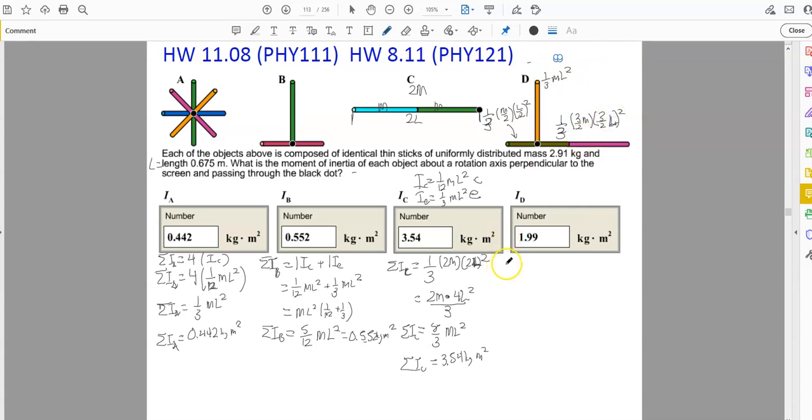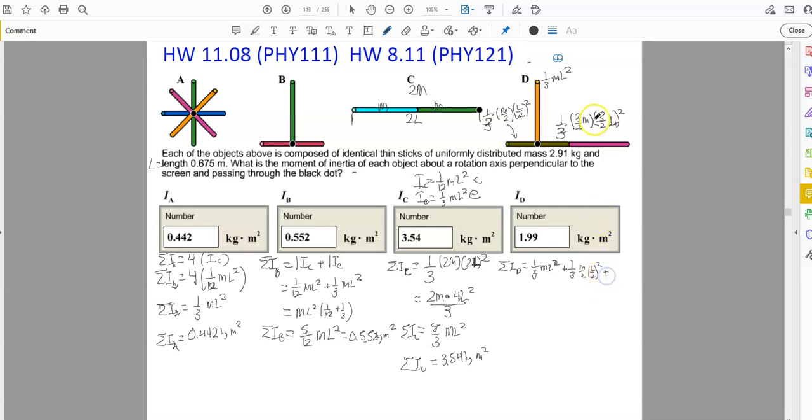So this looks not as complicated as the last one, certainly, but it actually turns out to be quite complicated, I think. So let's start off with the brick one. That's just 1/3 ML squared. And let's do the next one. That's 1/3 M over 2 times L over 2 squared.